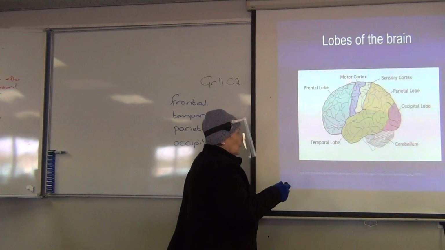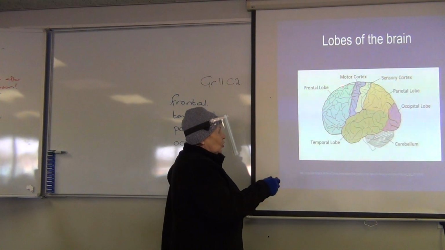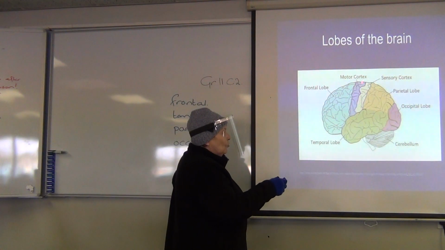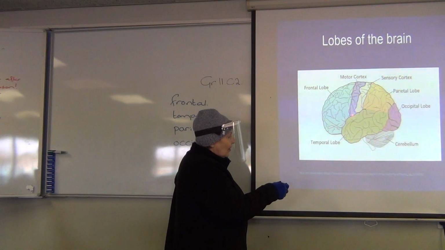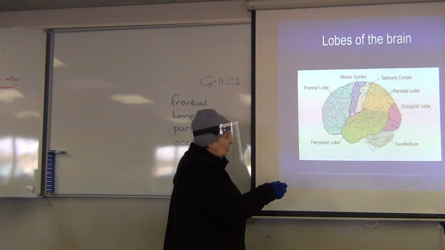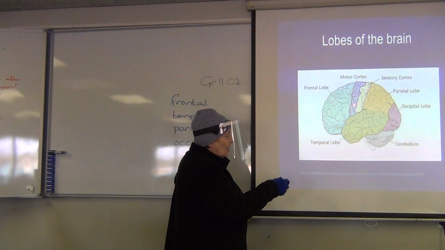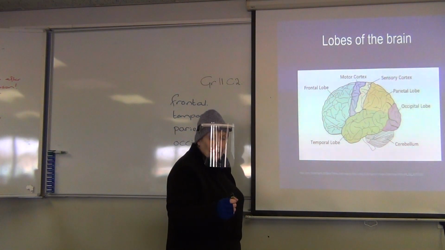Okay, so looking at it, there's the frontal lobe, and at the back of the frontal lobe there's a little band where all movements from various areas of the body are initiated. Different parts of this are concerned with moving different parts of the body.